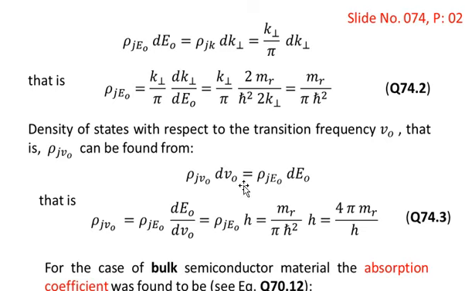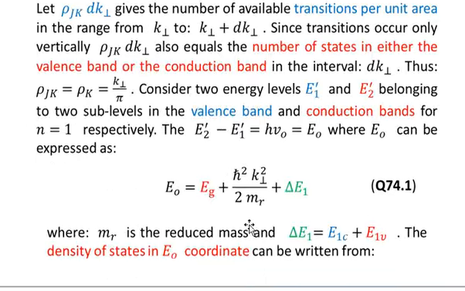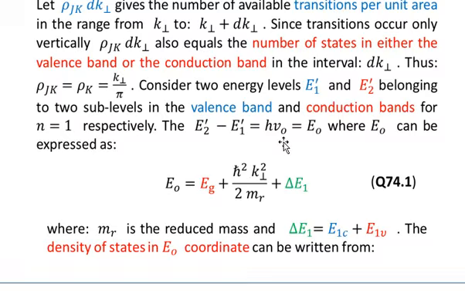So from this relationship we can find out the value of rho j nu naught, which is equal to rho j E naught multiplied by dE naught over d nu naught. Now this derivative, that is the derivative of E naught with respect to nu naught, can be computed from the expression E naught equal to h nu naught. If you take the derivative, that is dE naught over d nu naught, you will get h.